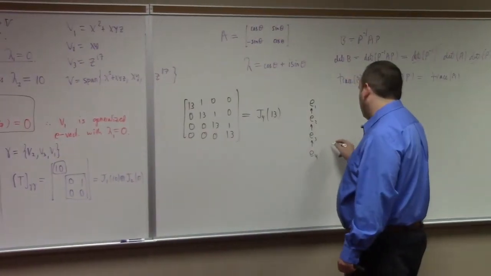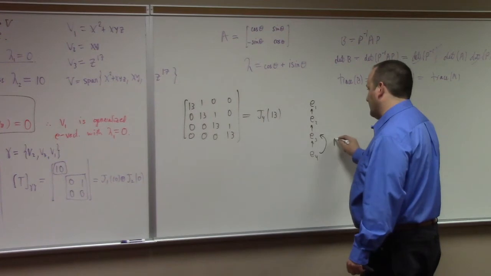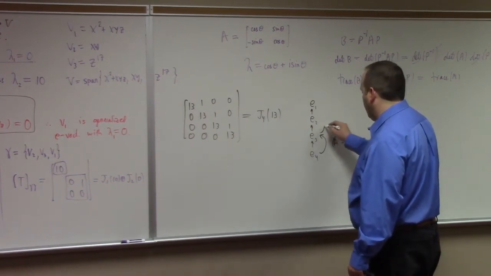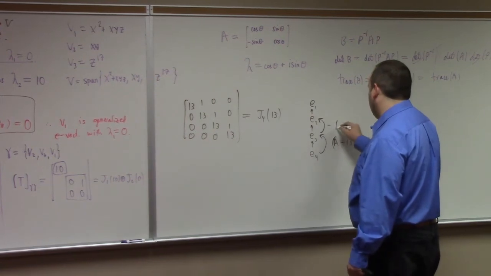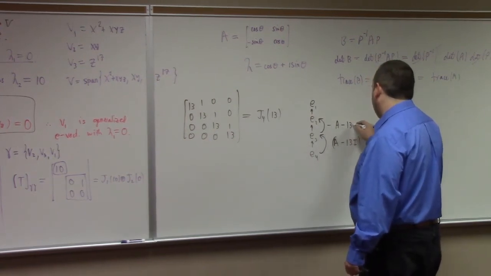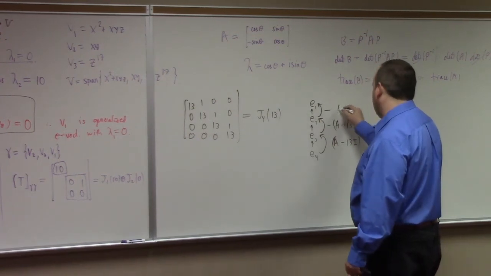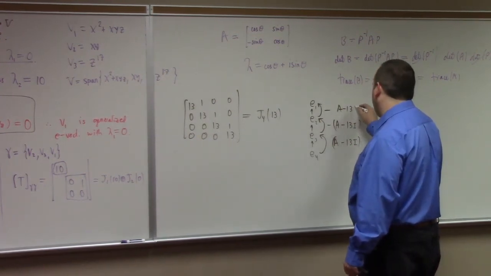And actually, to move up this chain, to get from here to here, you just multiply by A minus 13I. To get from here to here, you multiply by A minus 13I. To get from there to there, you multiply by A minus 13I.